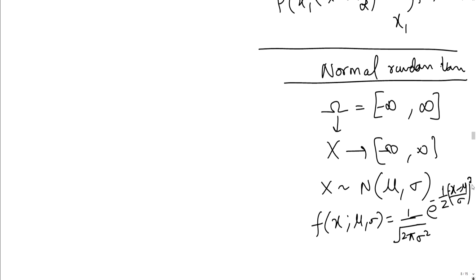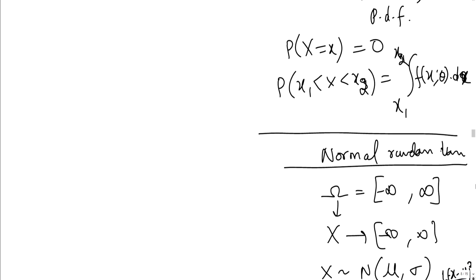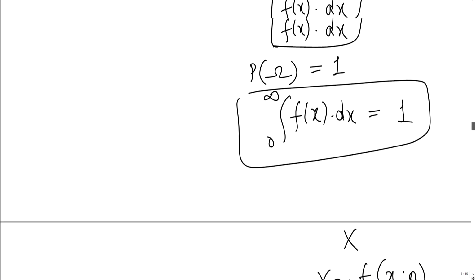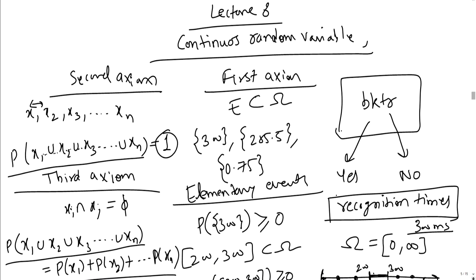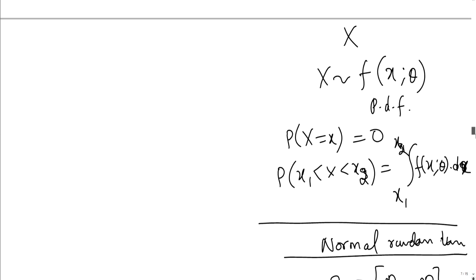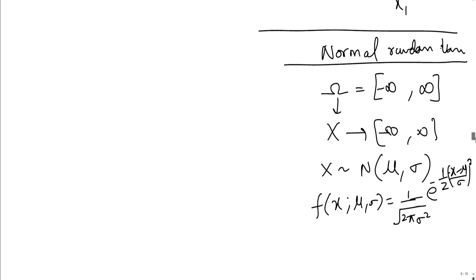For example, think about the recognition time experiment, where participants have to recognize whether it's a meaningful word or not, and we are recording their recognition times. Can you assume that recognition times come from a normal distribution with mean mu and standard deviation sigma?